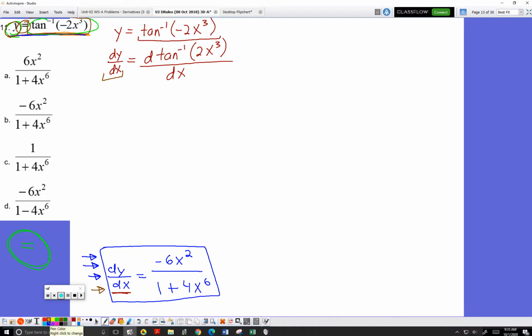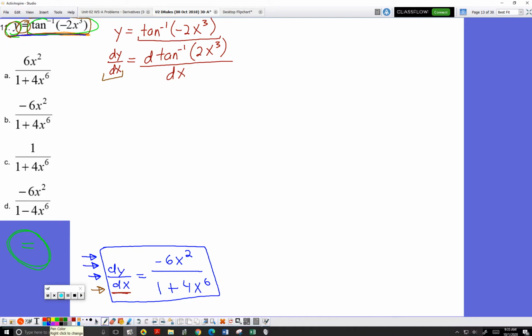Therefore, the blue and the green must be the same. Once again, the only way I can make the blue exactly the same as the pink is by selecting g of x to be negative 2x cubed. Once I've made that selection, I now have forced the green box to be exactly the same as the blue, as long as I again use g of x as negative 2x cubed. Did that answer your question? Yeah. 4 points.